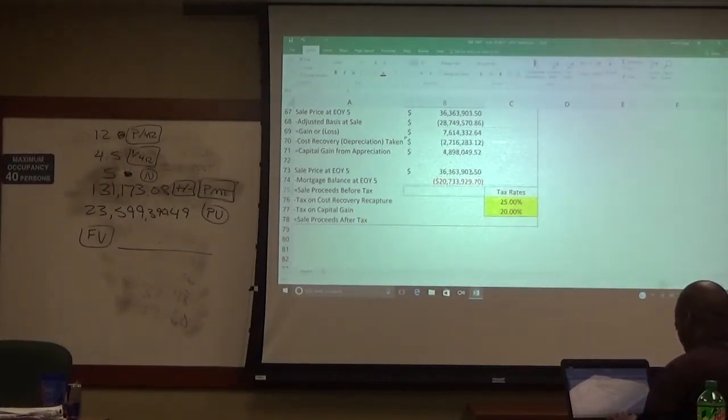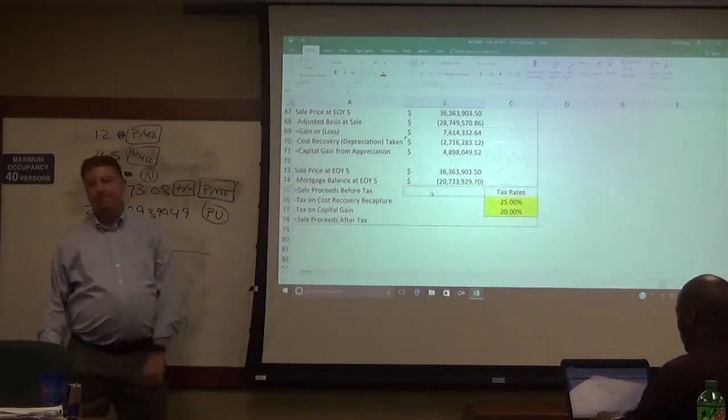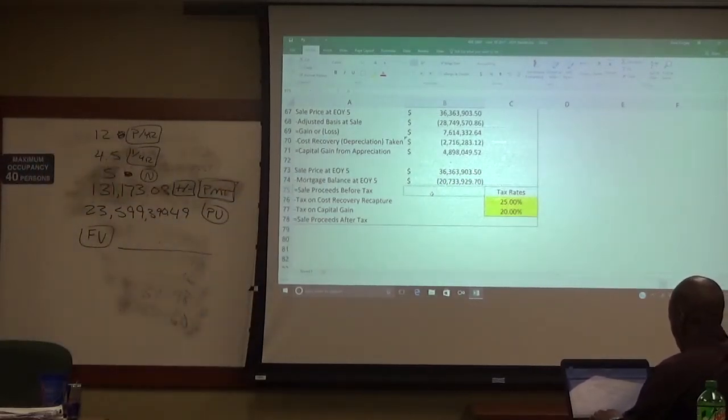Now, the sale proceeds before tax. Once again, simple little subtraction, okay? So equal B73 plus the negative, okay? So B73 plus B74 should give you the 15,629.